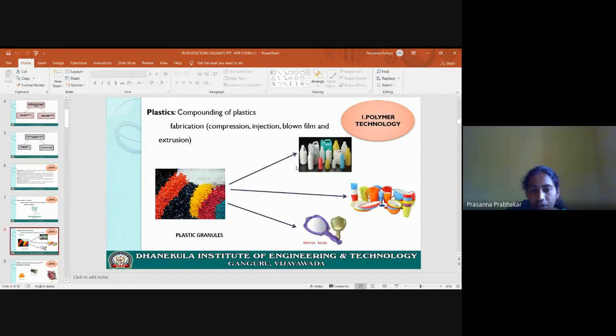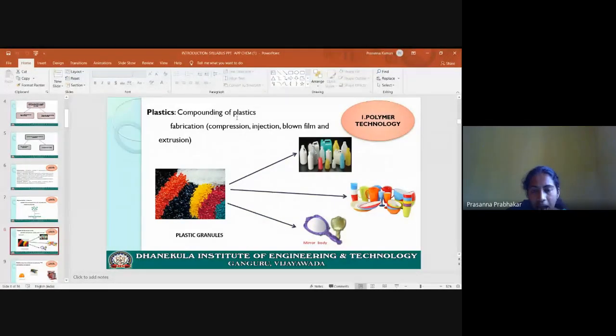Many types of ingredients are used, like plasticizers, stabilizers, binders, colorants and antioxidants. This adding process is called compounding of plastics.